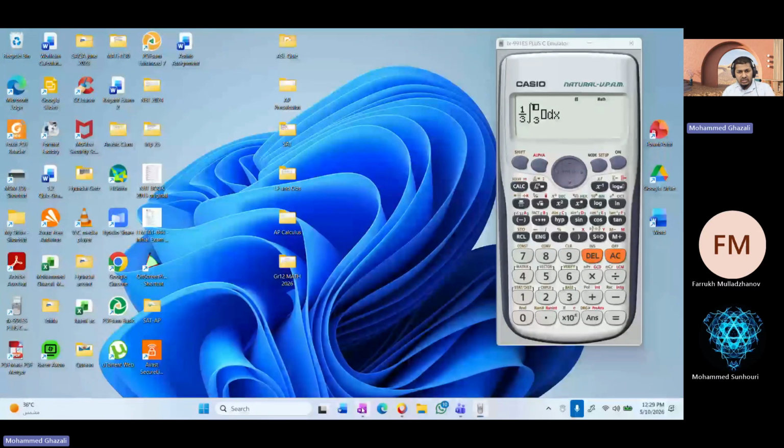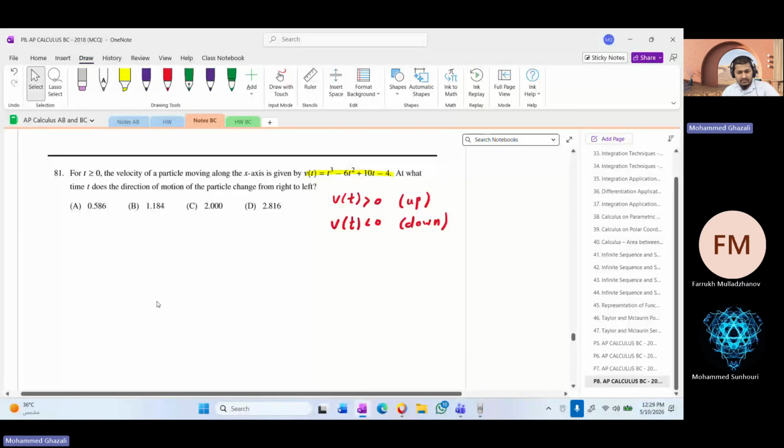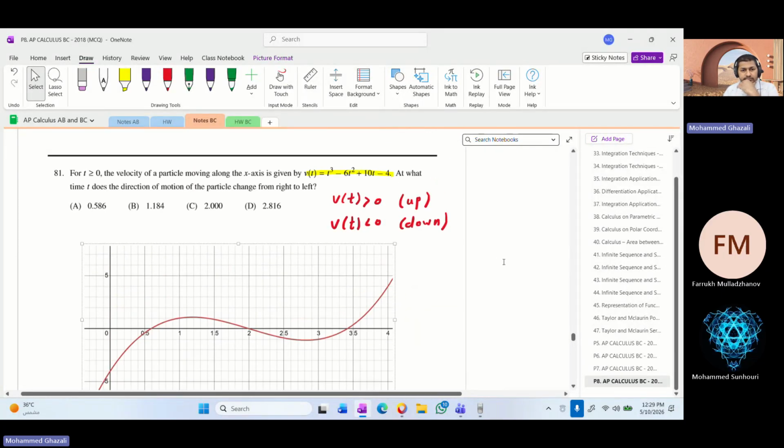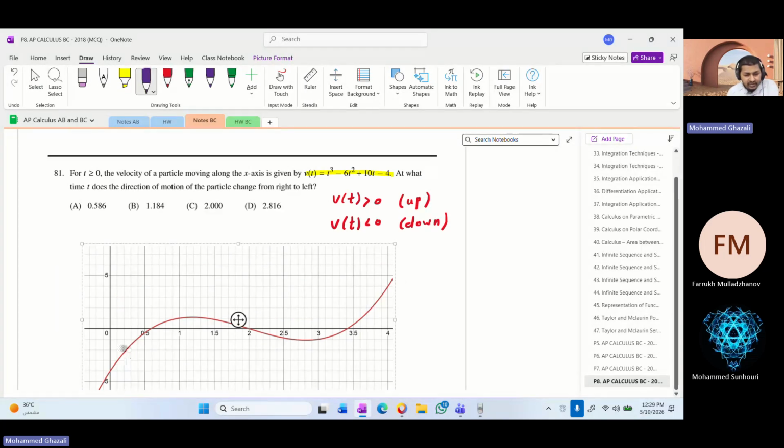So where is it changing direction on the x-intercept, when t is more than 0? It's changing direction at 0.5. It went from negative to positive, and then it went from positive to negative, so from right to left. No, not at 0.5, sorry. We want from right to left.